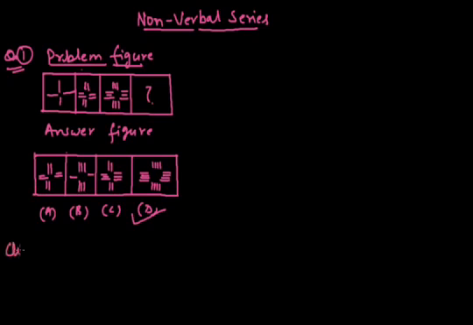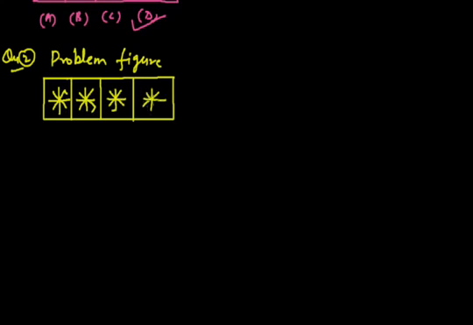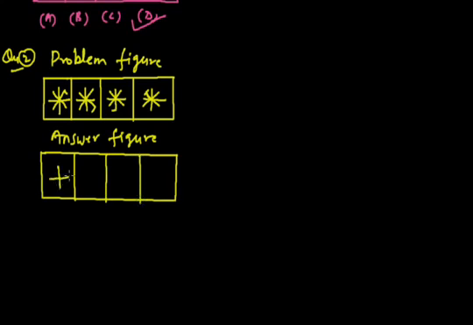Next question, question number 2. Option A, B, C, D. So we see in the problem figure one sign is here, then it moves in clockwise direction from 1 to 2, then that is here.